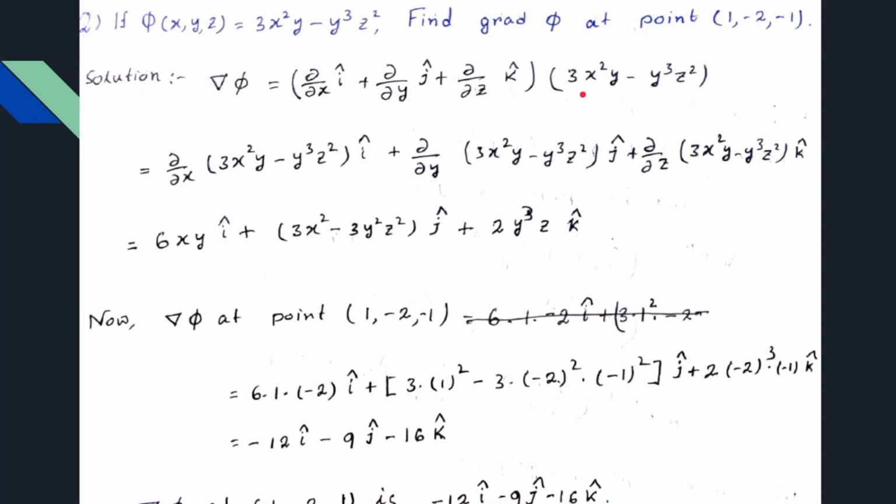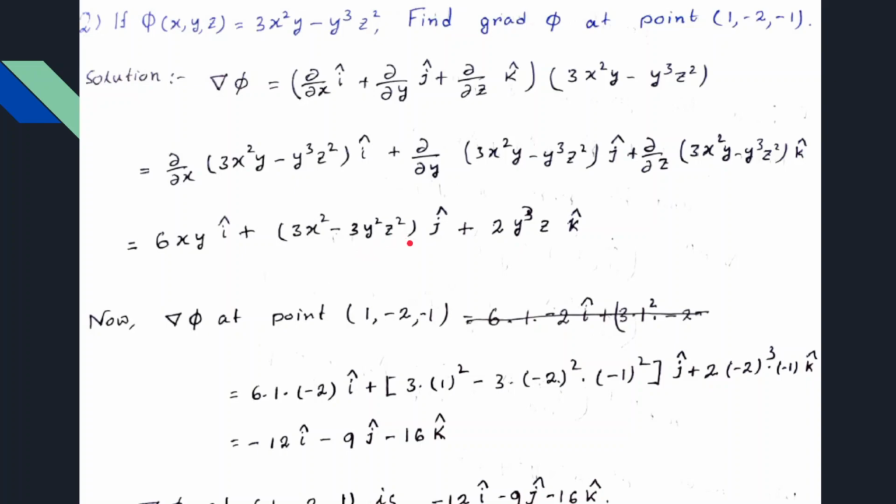Now differentiate with respect to x. We get 6xy, and the other term we should not consider because we are differentiating with respect to x and there is no x in it, so it will be 0. Then for the j cap term, we get 3x square minus 3y square z square.